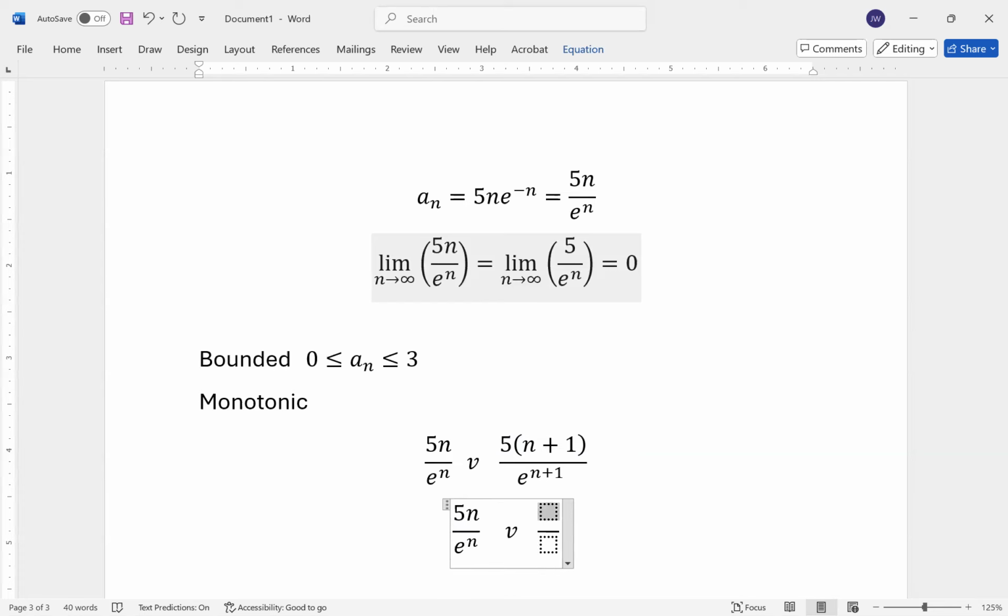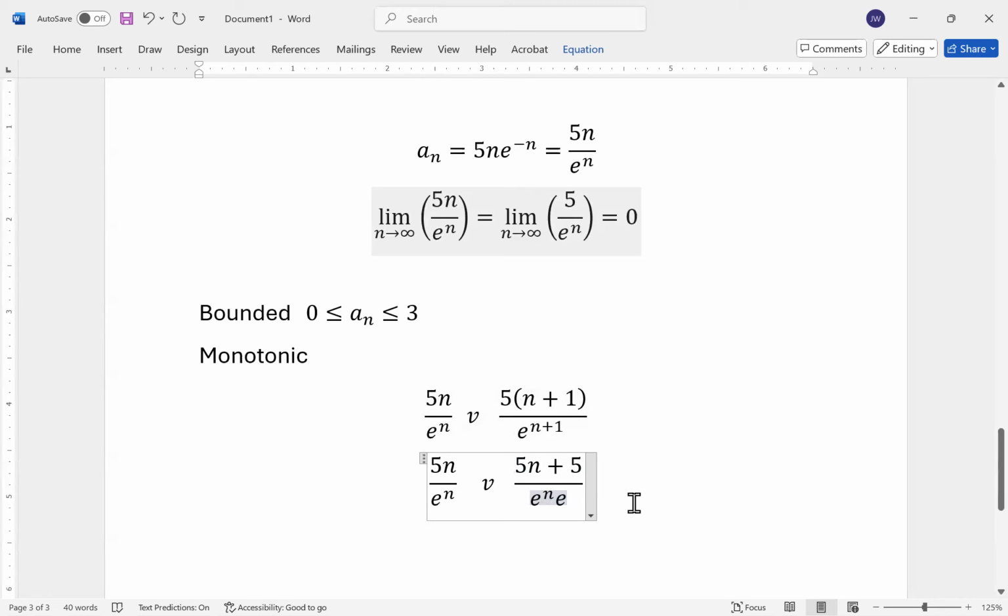But my right-hand side is going to be 5n plus 5 over e to the nth power times e to the first power. It turns out if I multiply both sides by e to the nth power, then both those denominators go away.